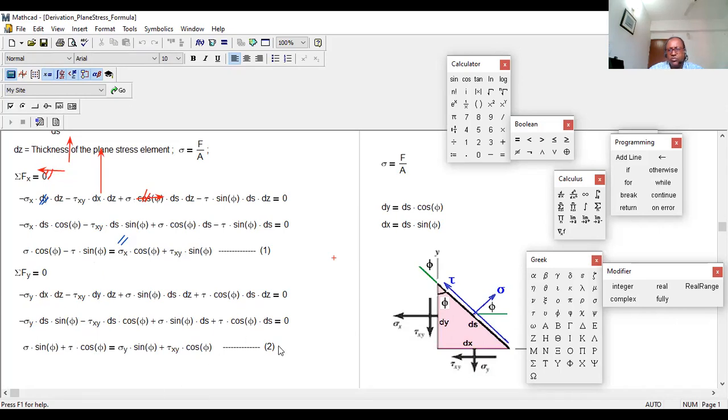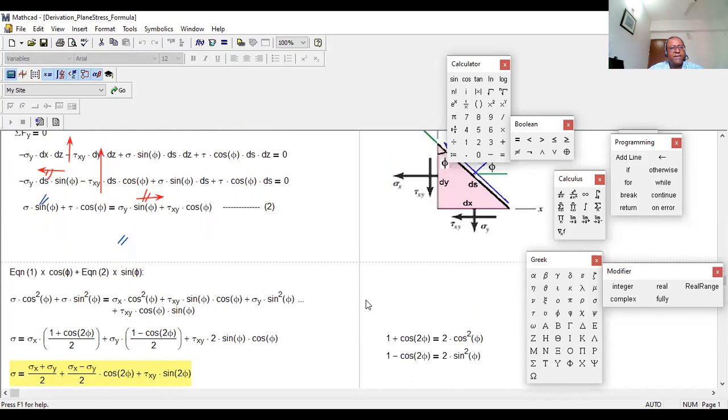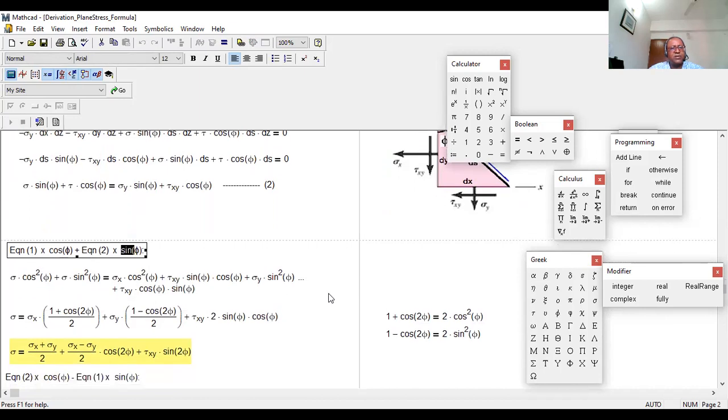And equation 2, you multiply by sine phi, then you'll get tau sine phi cos phi. Then you add these two equations. Then you see this term and this term will be cancelled out. So right over here, we're saying equation 1 multiply by cos phi, equation 2 multiply by sine phi, then add together.